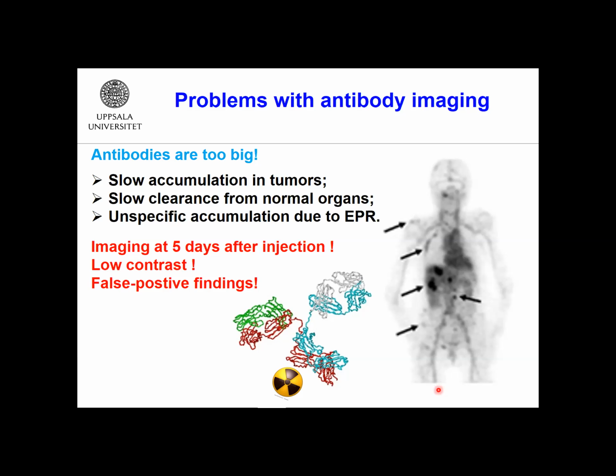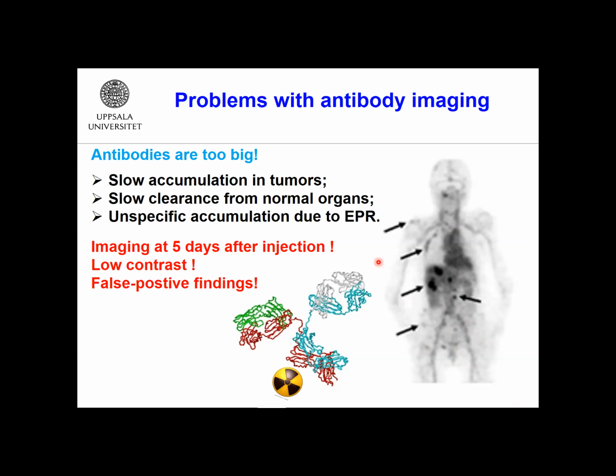You could appreciate this image. So one could visualize the black dots, which symbolize a tumor, but apparently you need arrows to understand that this is a tumor. It's quite a high background, and one could see also activity in major blood vessels. But this is only a part of the problem.